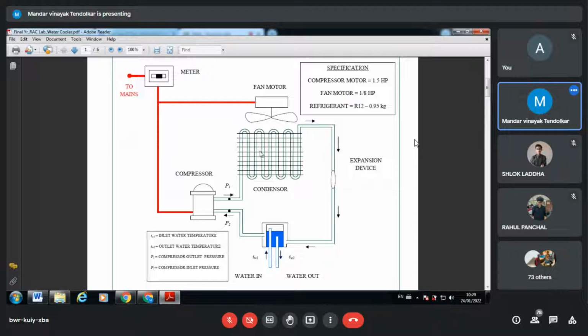So here the water flow, or let's say water substance, is my evaporative load. Let's say it enters at some particular temperature, room temperature. So how much cooling effect would I achieve? Naturally it is a sensible cooling. Do you agree? Water is getting cooled, so it is sensible cooling.